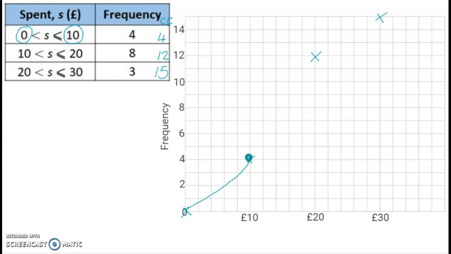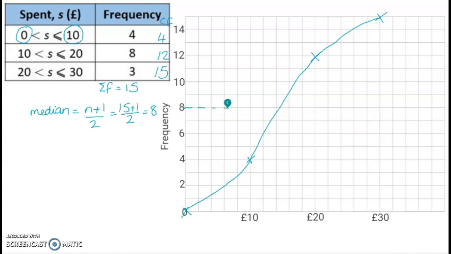To estimate my median, I would find the halfway point. So again, I would use the sum of f as 15, and for my median, I would use n plus 1 over 2, which we've already calculated is 8, and I would go along here, and when I hit the curve, I would come down and read off the money, which looks to be just under £15.